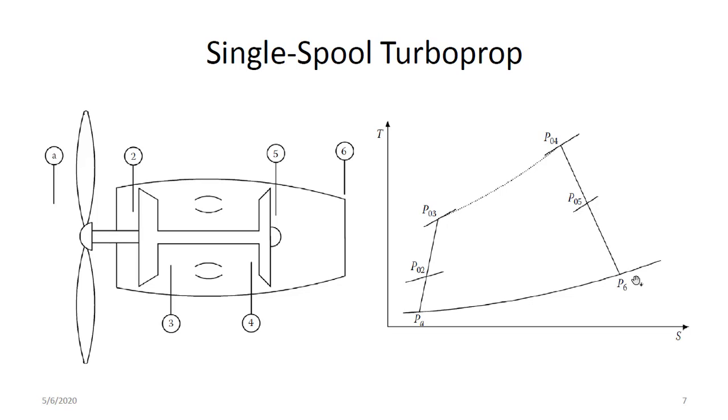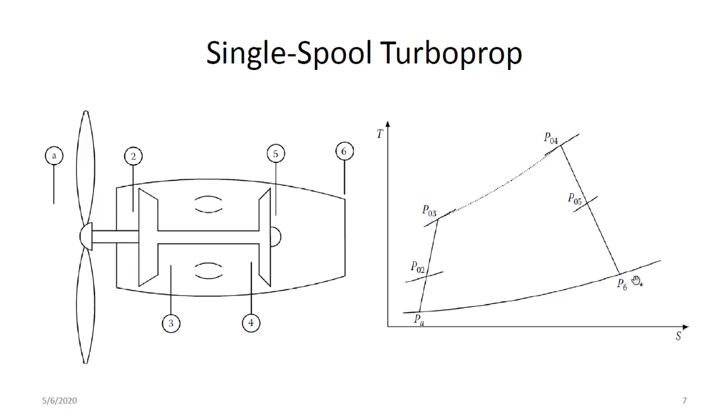Then 2 is entry to the compressor, and 3 is exit of the compressor but entry to the combustion chamber, and 4 is exit of the combustion chamber but entry to the turbine, and 5 is exit of the turbine but entry to the nozzle. 6 is exit of the nozzle and entry to the downstream, that is free stream. So the condition beyond 6 is exactly the same condition as at station number A.